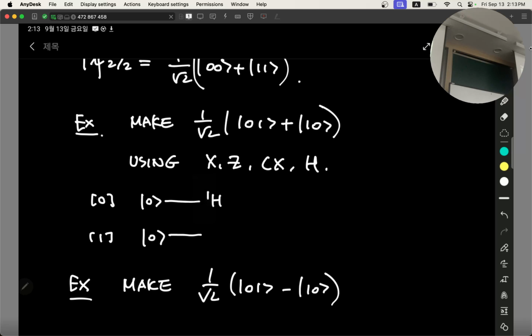So you said take the Hadamard and then X and then this. Is it right? Okay. Right. So can you see why this is true? So next time we're going to talk about the quantum circuit in more detail, but this is same as this circuit.